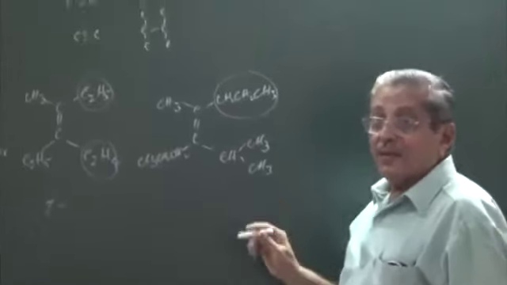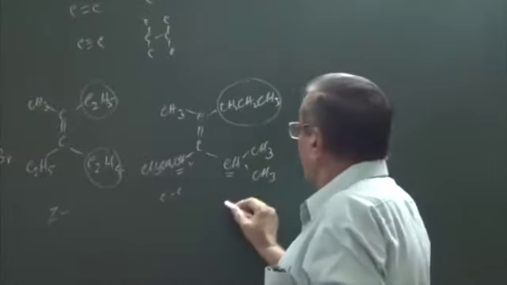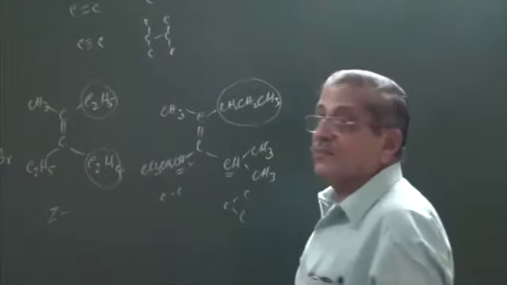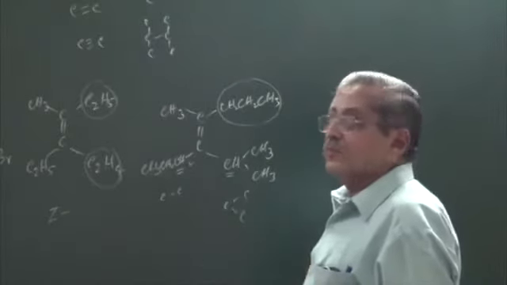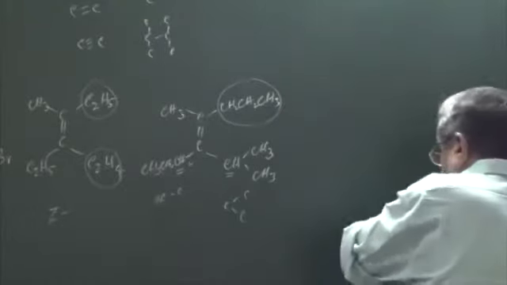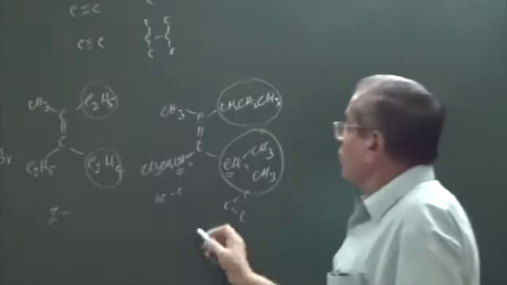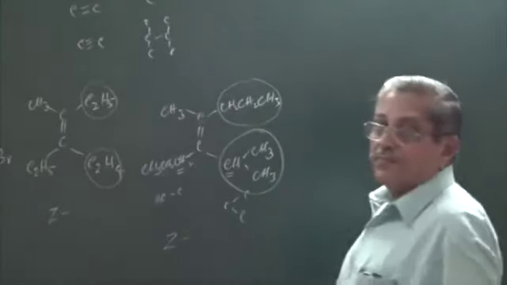Here, the first atom is C, the same. Then C is attached to C, whereas here C is attached to C. So this is of higher priority. So this form is called the Z form.